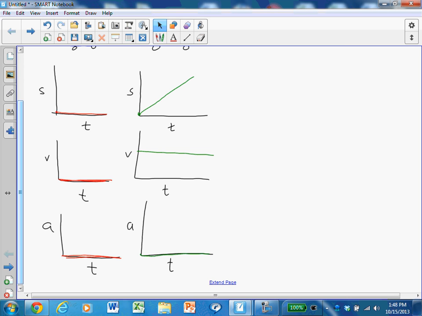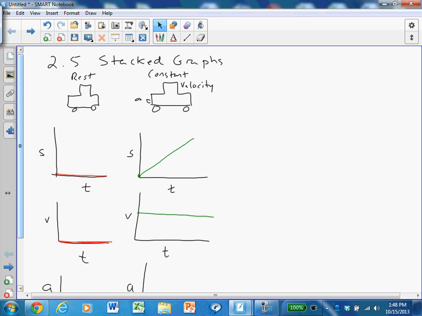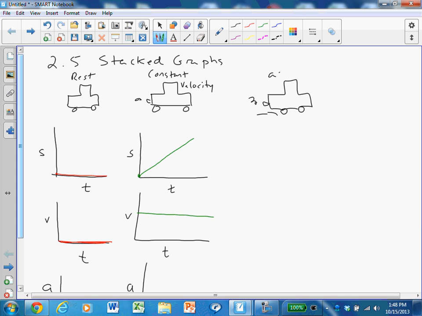Okay. Now let's change that to a car that is accelerating. And that we assume constant acceleration here. So, accelerating car. Now it's speeding up, okay?